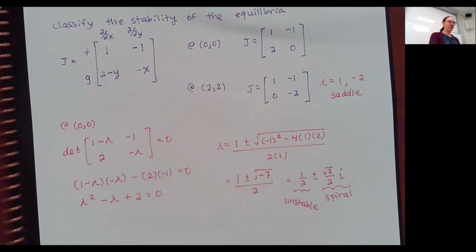So that's really all you need to know: if this is positive, my oscillations in the spiral are getting bigger, and if this part's negative, my oscillations in the spiral are getting smaller.